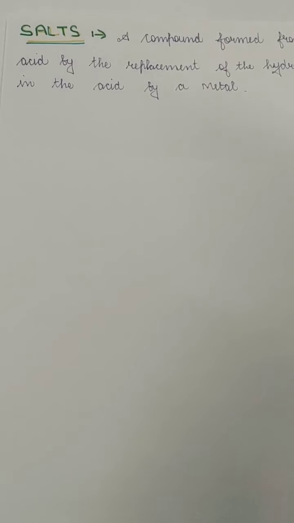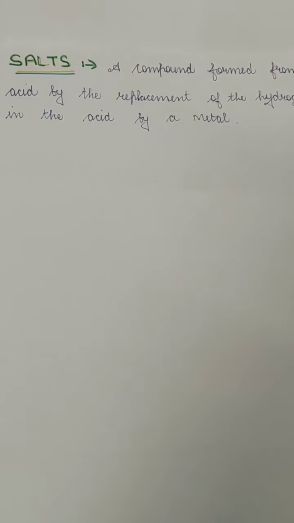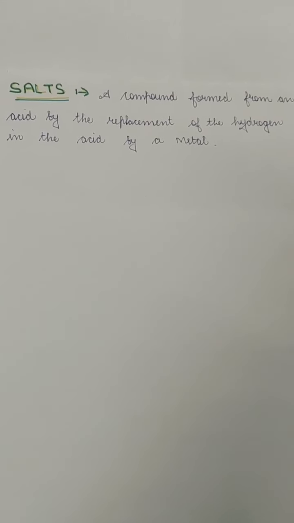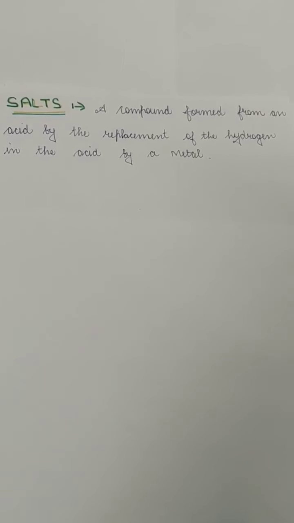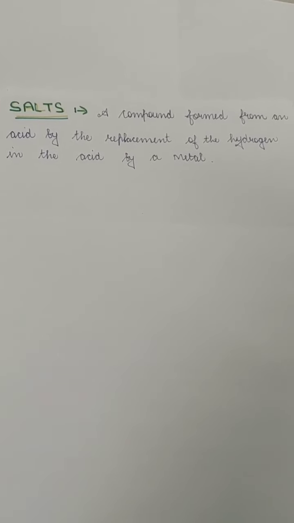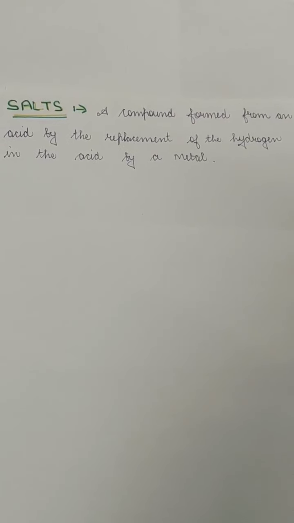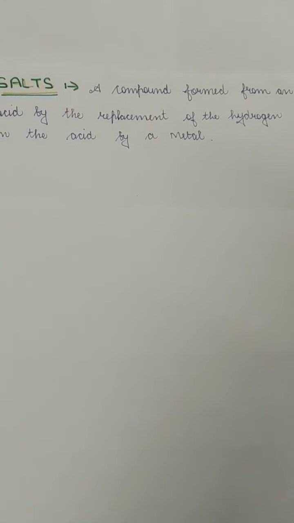In your NCERT book, you have different names of salts which we're going to discuss here. Here's the definition of salt: a compound formed from an acid by the replacement of the hydrogen in the acid by a metal. Acids are called acids because they have hydrogen ions, along with a non-metal.